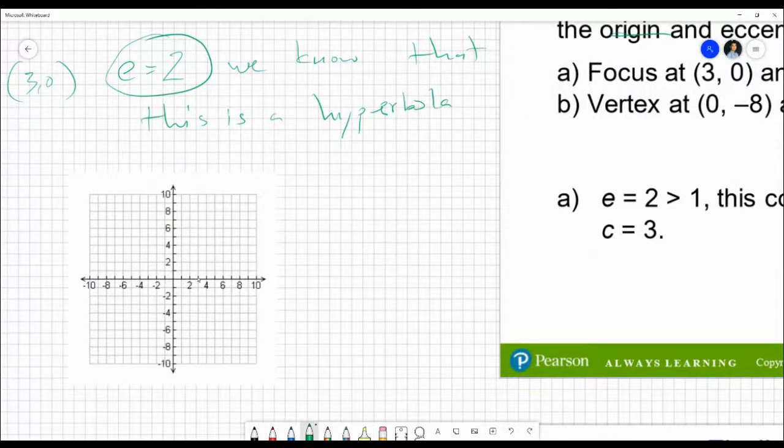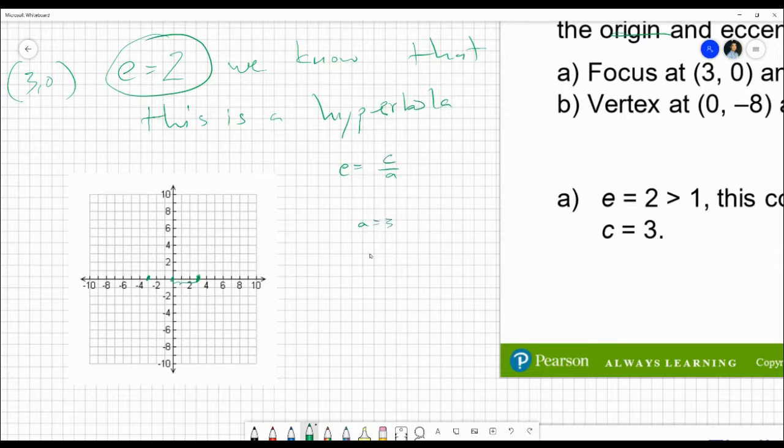Okay, we have 3, 0, and our eccentricity is 2. And since we know that the center is at the origin, we also know that the other focus is over here. Now, since we know that e is equal to c over a, this distance from the center to here is our a value. And our c value we can find out from this.